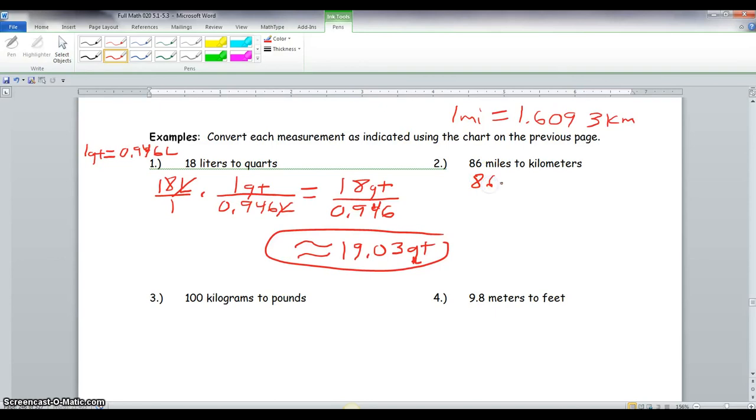You add 86, and I'm going to abbreviate miles with MI over 1 times, we want to get rid of miles. It'll be 1 mile, and then in the numerator you add 1.6093 kilometers. Okay, now miles will simplify out with miles, and then you would just take 86 times 1.6093.